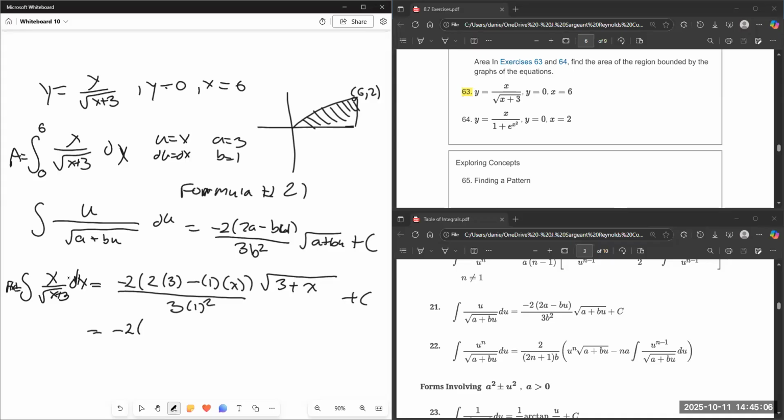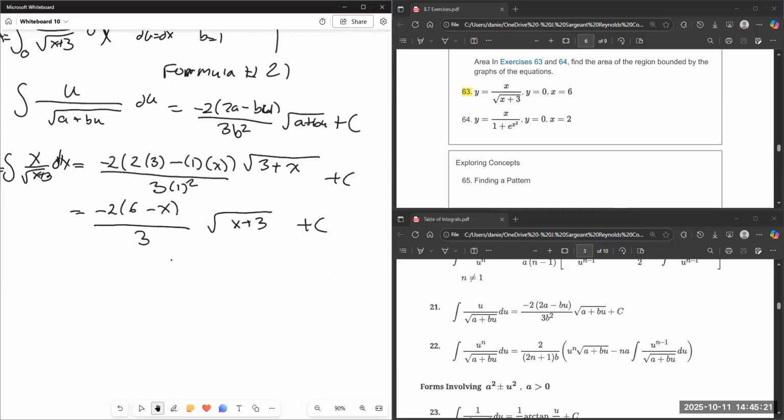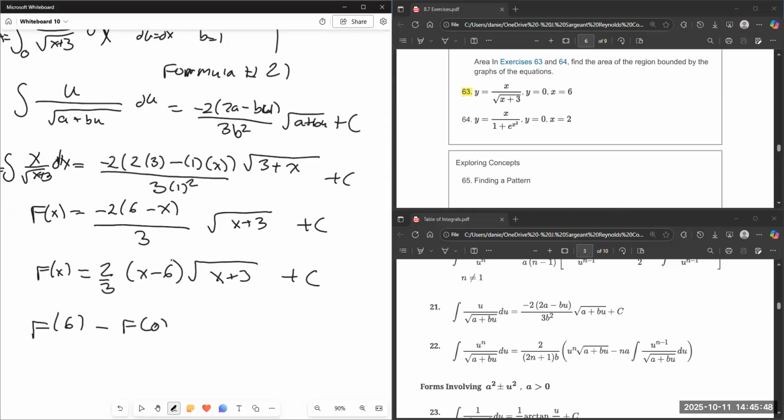That is negative 2 times 6 minus x over 3 root x plus 3 plus c, which is going to be 2/3 x minus 6 root x plus 3 plus c, and I'll call that f of x, and I want f of 6 minus f of 0 for my definite integral.